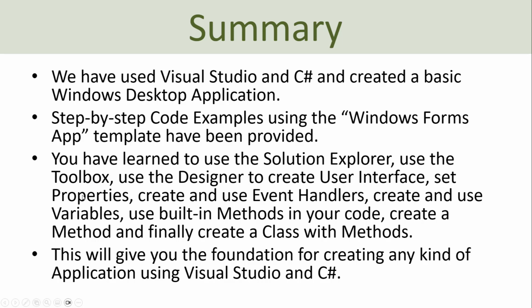We have learned how to set properties either from the Properties window in the Designer or in code. We have created two different event handlers, one for the button and one for the text box. And we have created different types of variables. We have used some built-in methods in our code, and also we have created a separate method. And finally, we created a separate class where we put our method inside.